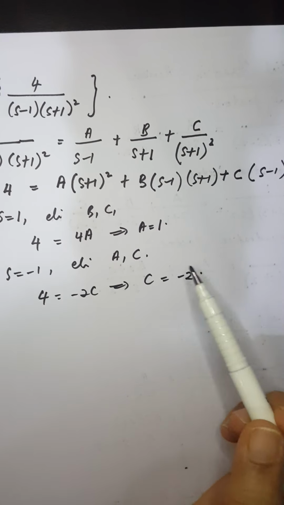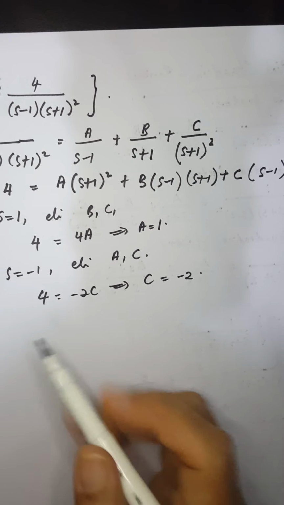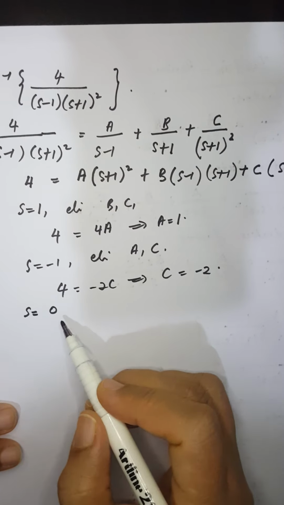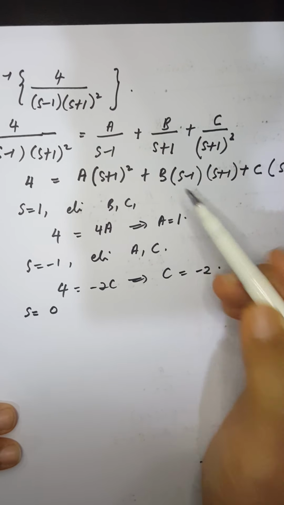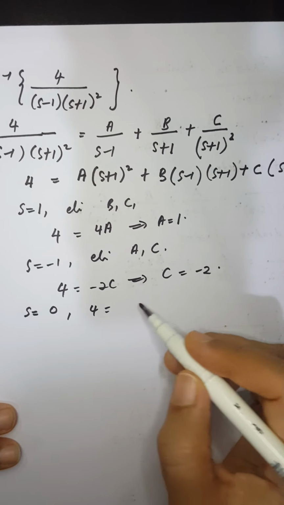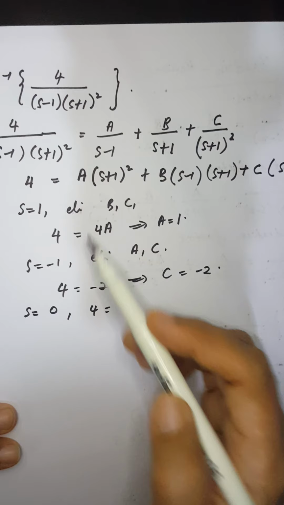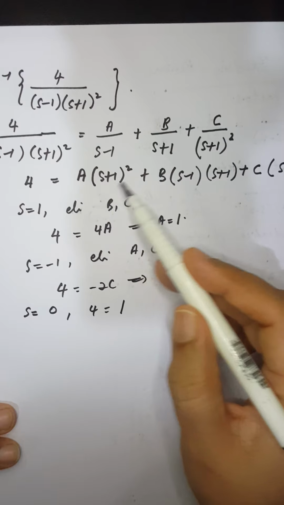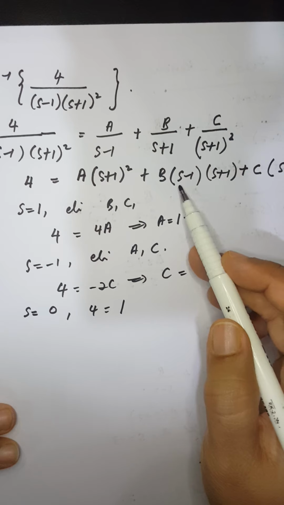We have already used s is 1 and s is -1, so why not use s equals 0, together with the values of A and C, to find B. So 4 equals, A equals 1, s equals 0.